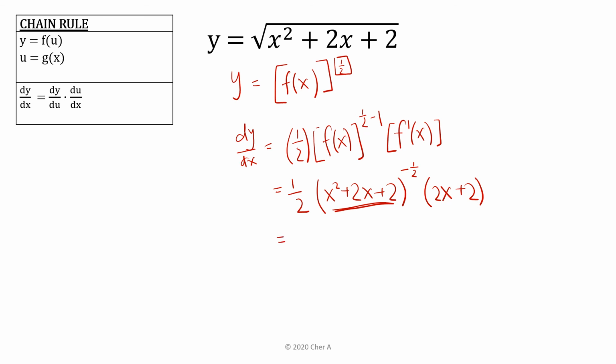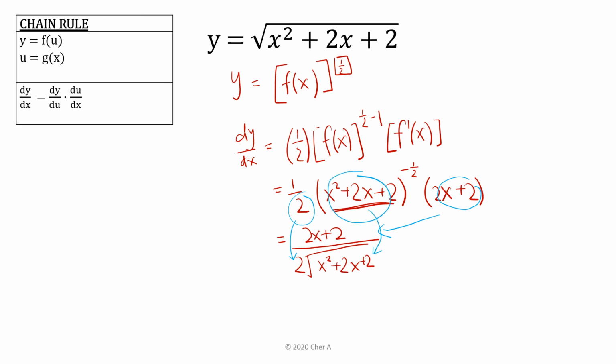Alright, so to simplify all this, we will have 2x plus 2 on top over 2 square root x squared plus 2x plus 2. So what happened here is my 2x plus 2 went up in the numerator. This 2 in the denominator stays below. X squared plus 2x plus 2 went below because it is a negative power.